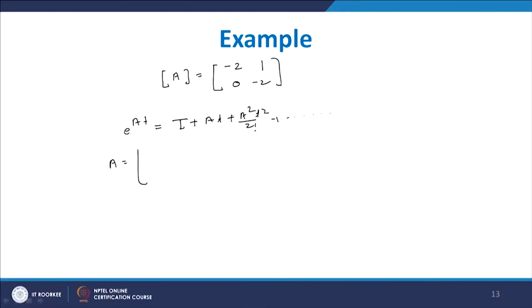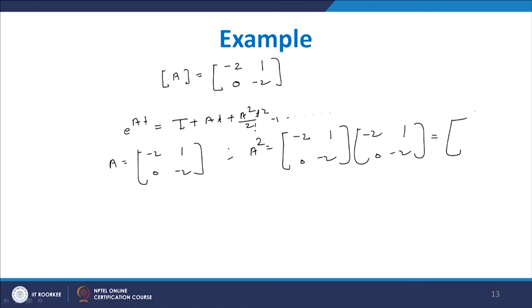Just we will see here, suppose you take a like this, same thing, minus 2 1 0 minus 2. Now, we have to determine a square. So, a square is minus 2 1 0 minus 2 times minus 2 1 0 minus 2, and if you solve this one you will get 4 minus 4 0 4, and we got a square. Similarly, you can get a cube equals a into a square.